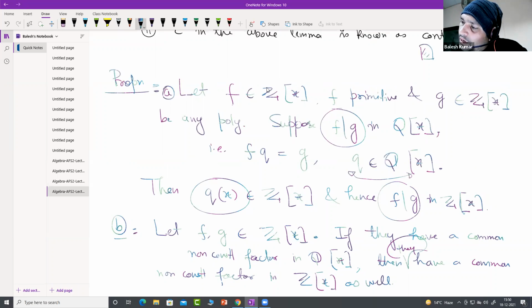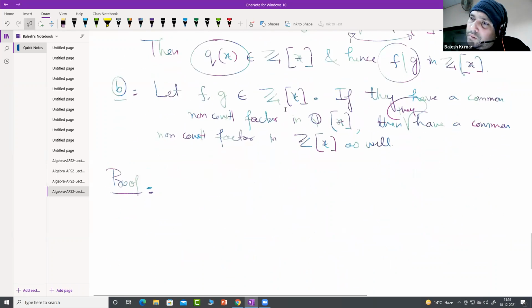If we can show that q is an integer polynomial, then we have proven part A of this proposition. So our aim is to use the lemma as well as Gauss lemma.